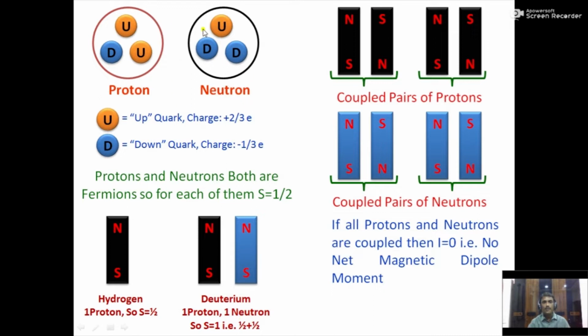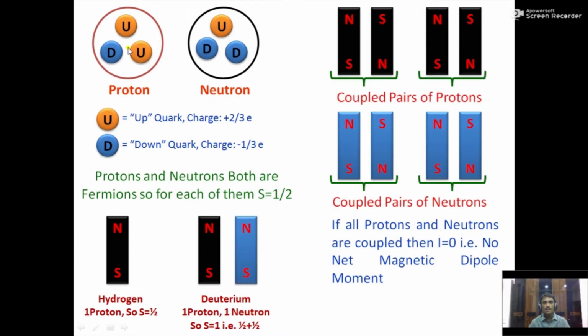I have told you that only charged particles contribute to the magnetic dipole moment, and here we are saying that protons as well as neutrons contribute to the net magnetic dipole moment. So the question may arise in your mind that the neutron is neutral, so how can it contribute to the magnetic dipole moment?